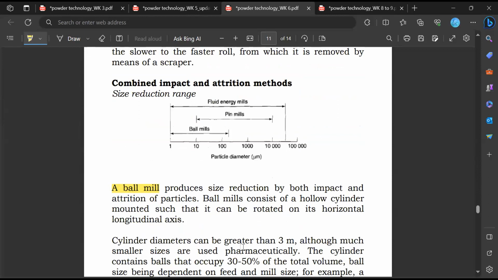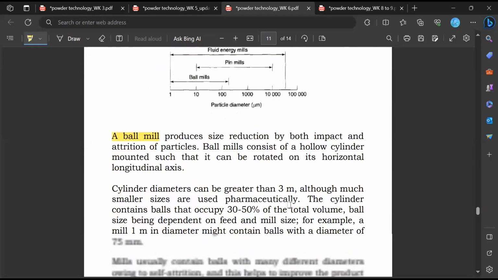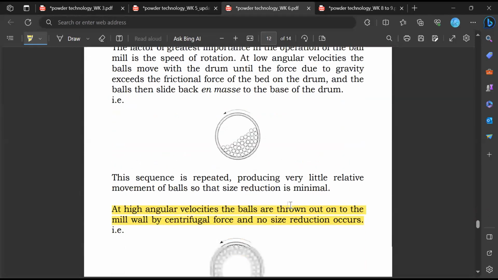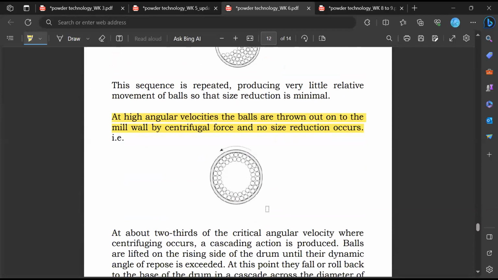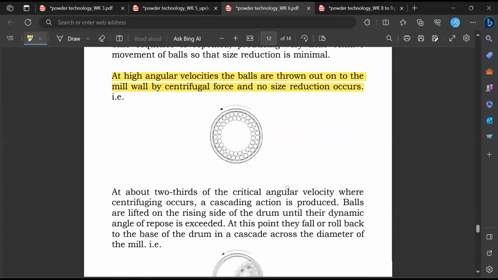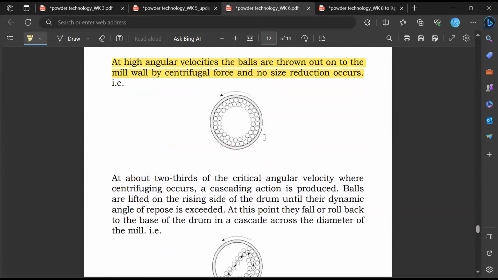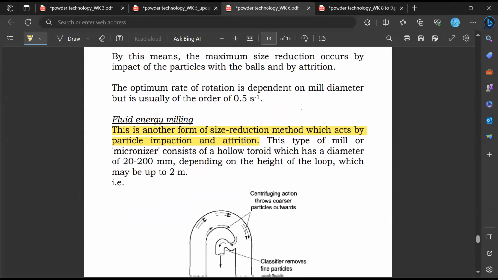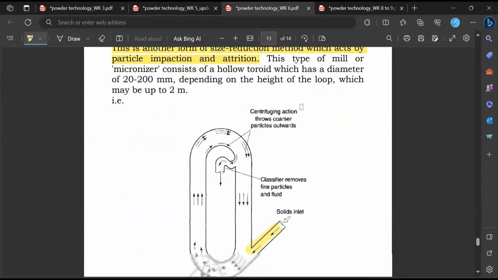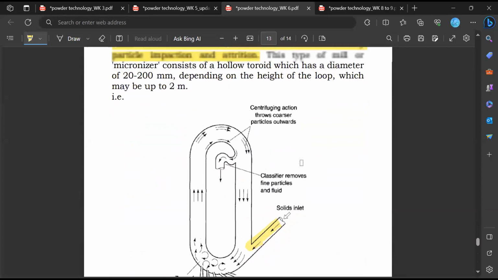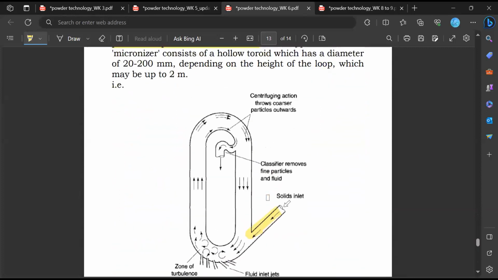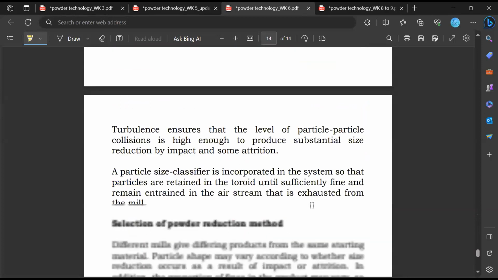The ball mill does size reduction with a combination of impact and attrition, where you have to see what velocity you need for size reduction to occur. If it's too high, then with this centrifugal force, there'll be no size reduction. Then you have fluid energy milling, where the air that is injected with high pressure will collide with the particles, causing size reduction.